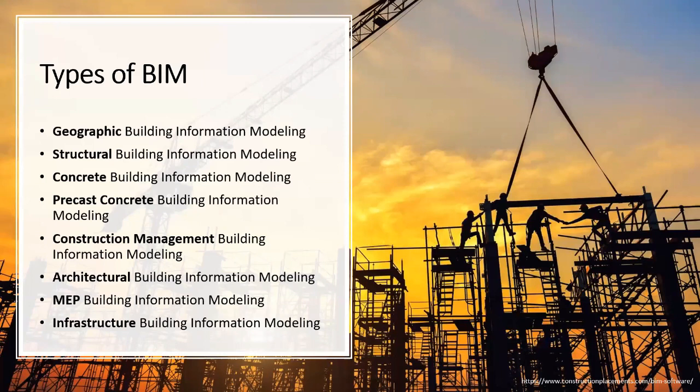There are various types of BIM which are integrated together, like geographic, structural, concrete, precast concrete, construction management, architectural, MEP, infrastructure. All these models for a particular building are integrated together and worked upon with the help of BIM.